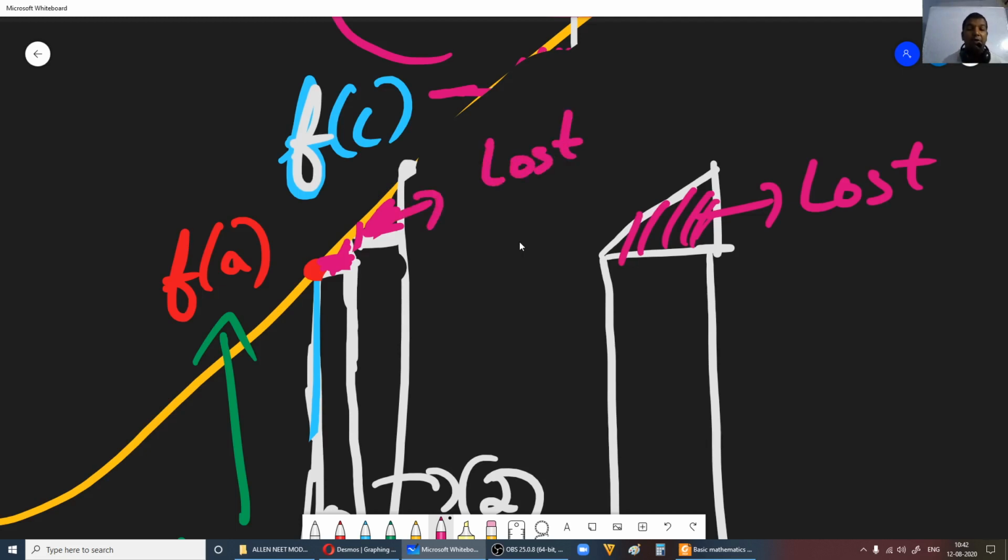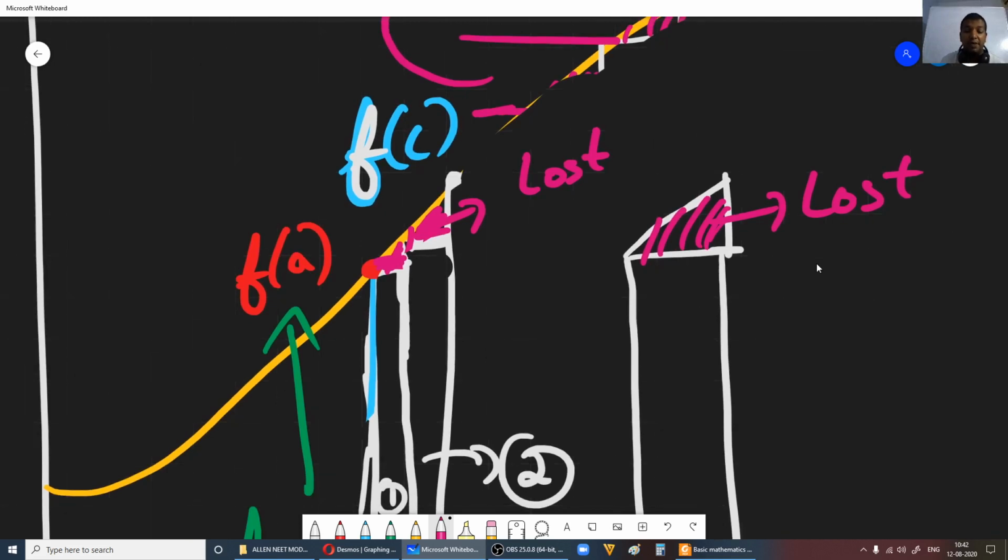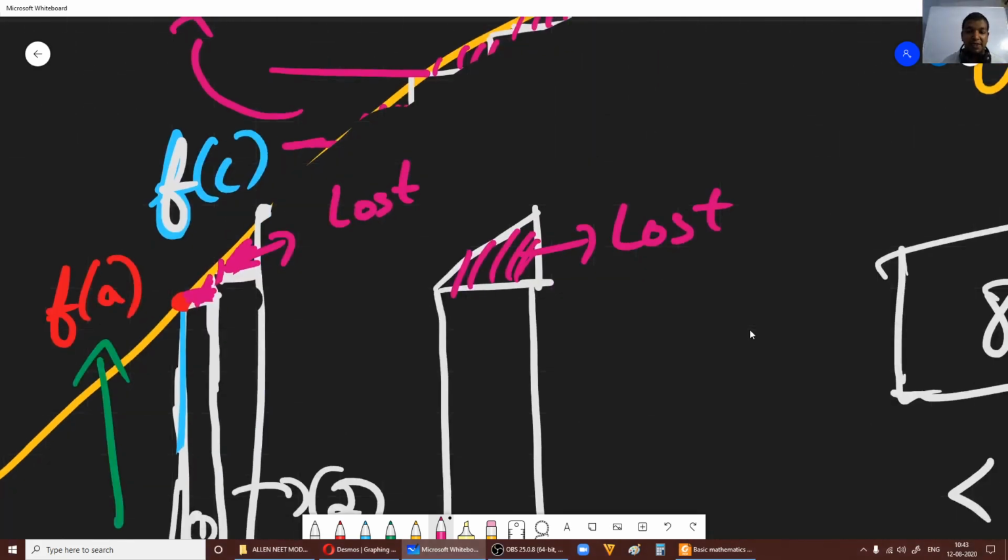So when you keep making the strip width lesser and lesser, you will finally approach dx. Delta x tends to 0, and that is what we call dx. When you make the strip width so small that it is almost equal to 0 but strictly not equal to 0, that is what dx actually means. Dx, right? That is what it means.